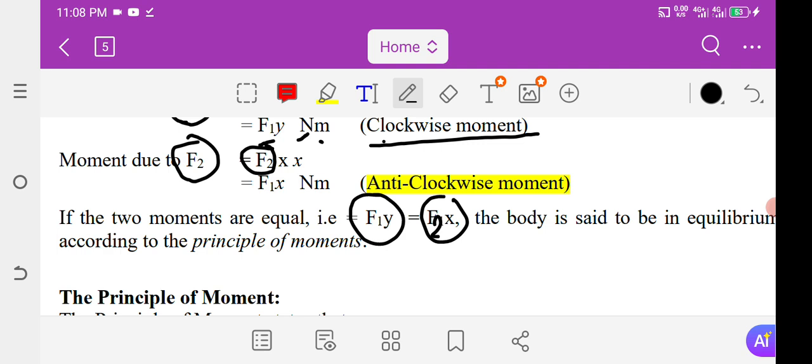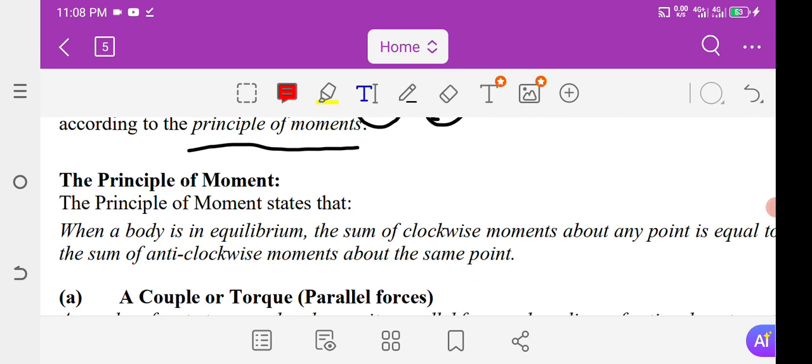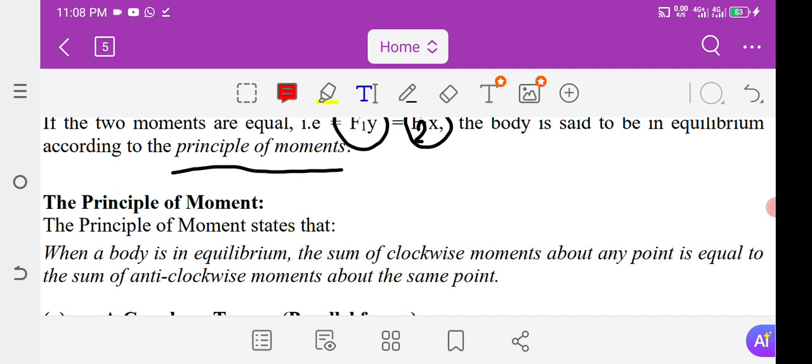And this statement is called the principle of moments. So what is the principle of moments? What does it state?